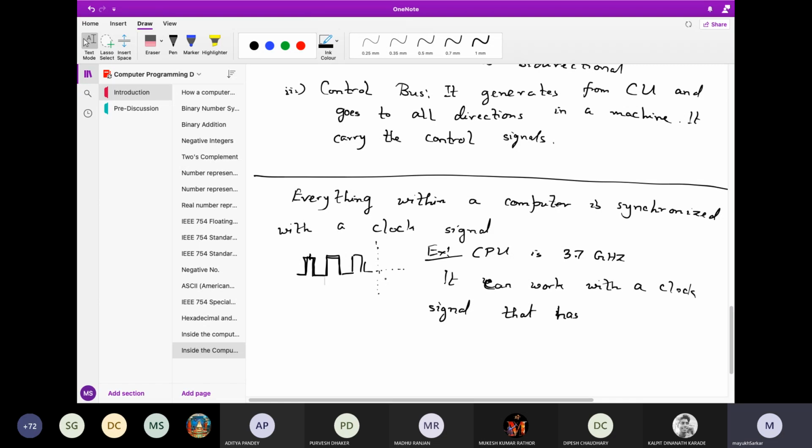In other words, if your CPU is 3.7 gigahertz, that means your CPU per second can accept up to 3.7 into 1000, here 1024 is not used, megahertz, kilohertz, this many number of signals.